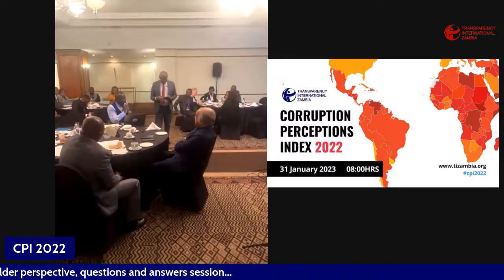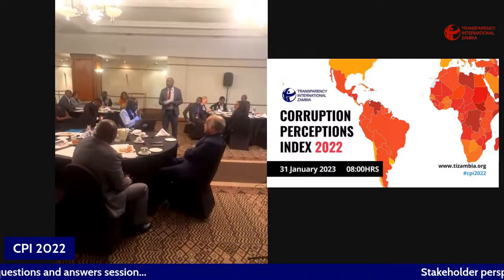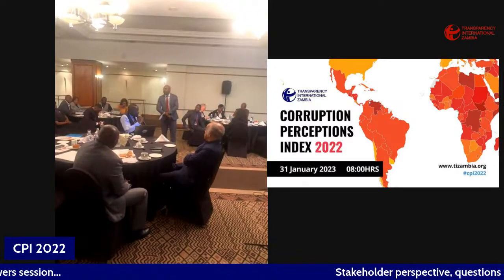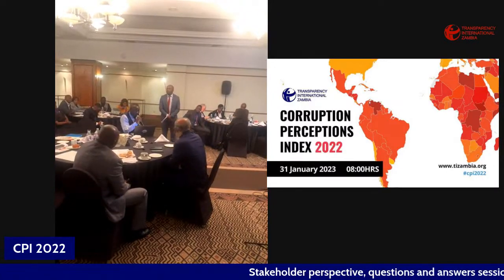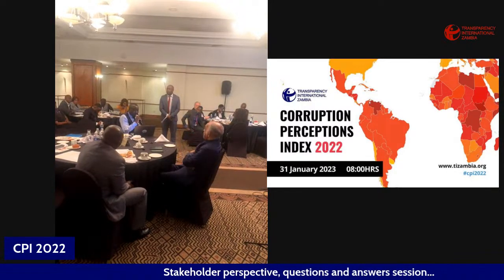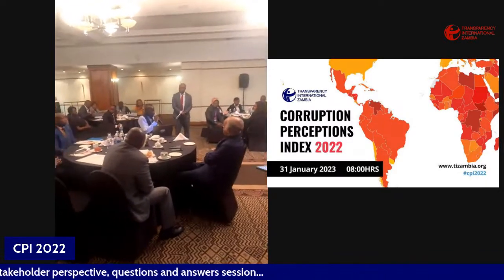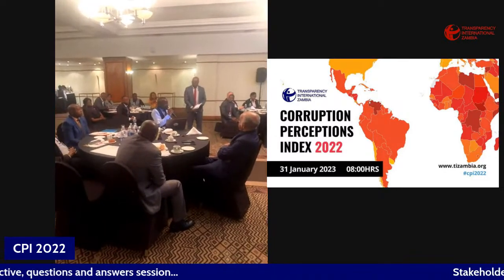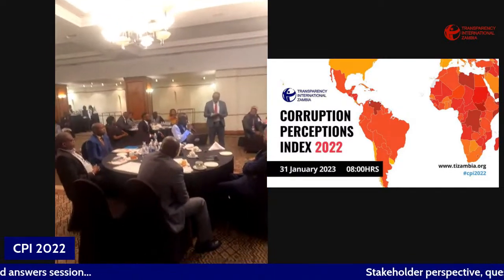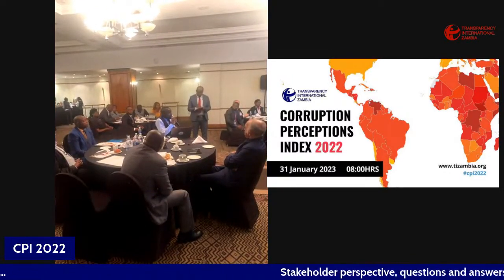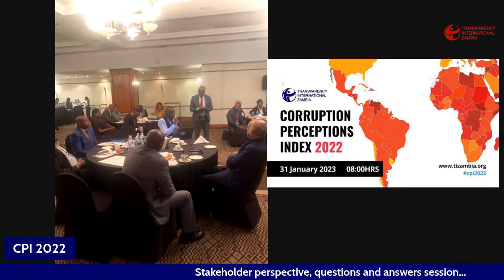My name is Jeffrey Chip from AAAZ, Alliance for Accountability Advocate Zambia. I'm the Executive Director. I want to first appreciate the presentation, especially on the aspect of what Zambia is still challenged with in addressing the issues of corruption.